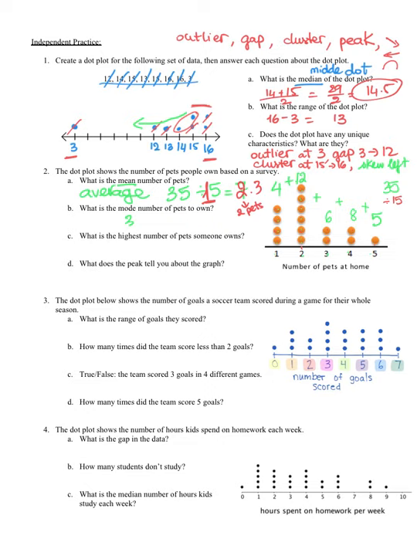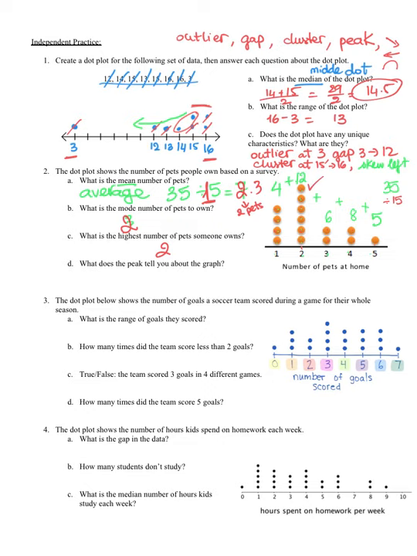Number 3, what is the mode? The mode is the most frequent, the most dots, which is 2. Same thing for the highest number of pets someone owns, which is 2.